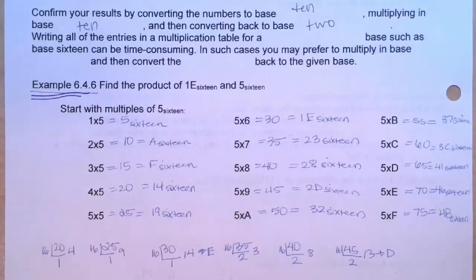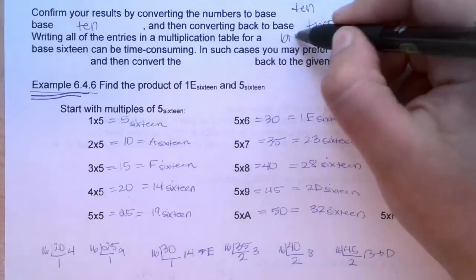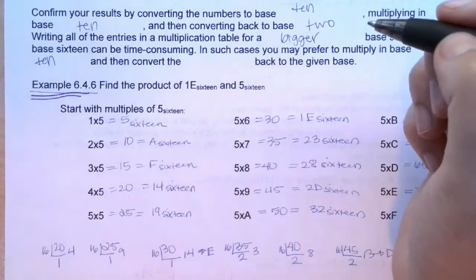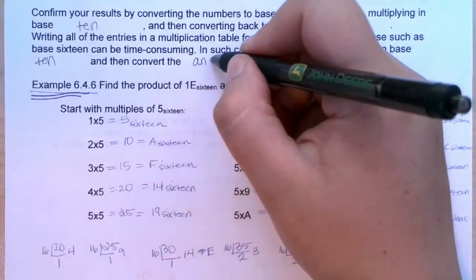Writing all the entries in a multiplication table for a bigger base, such as base 16, can be very time consuming, so you may prefer to multiply in base 10 and then convert the answer back to your given base.